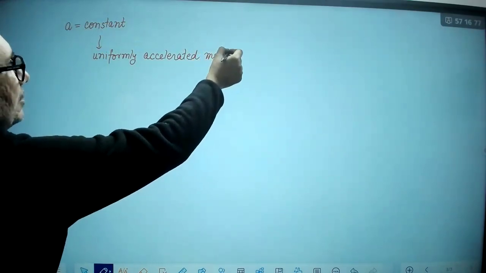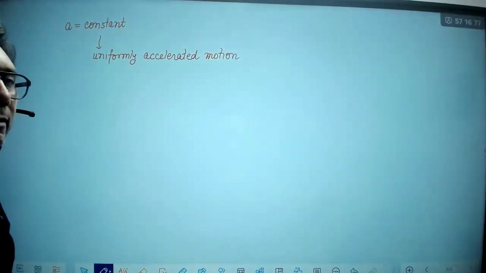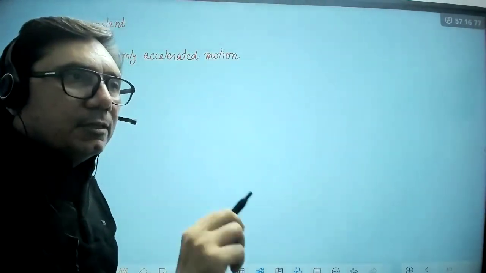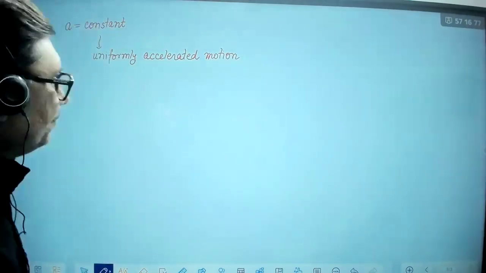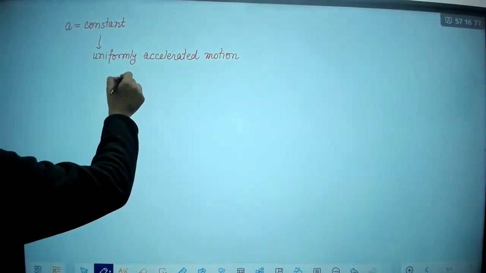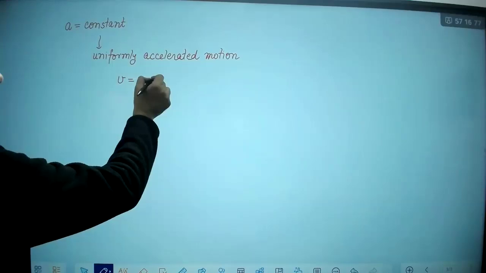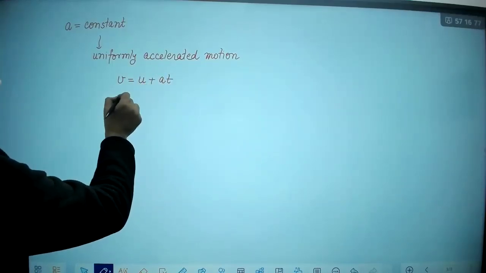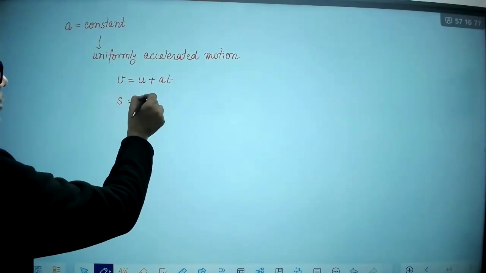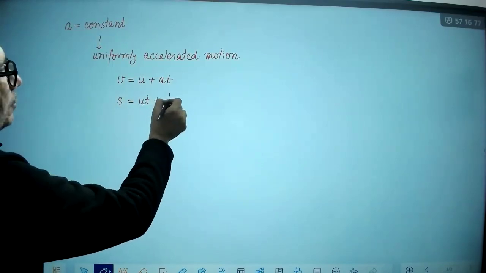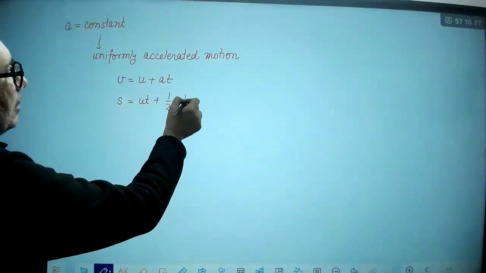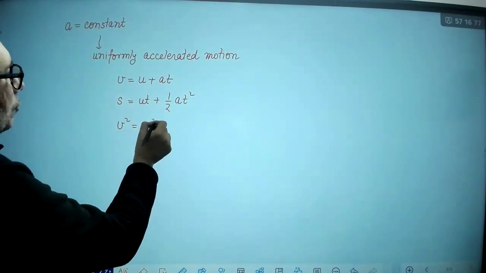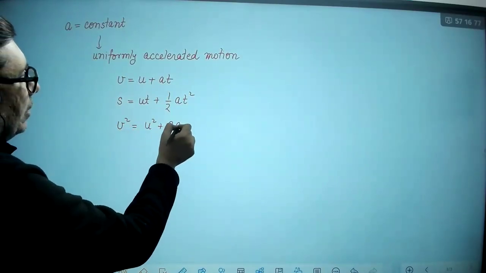You have three equations with the help of which you can find out the position and time. You have correlations between the velocity, position, and time. They are v equal to u plus at. Next is s equal to ut plus 1 by 2 at square. And v square is equal to u square plus 2as.